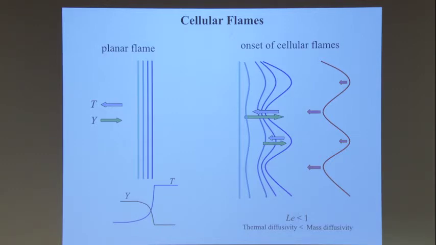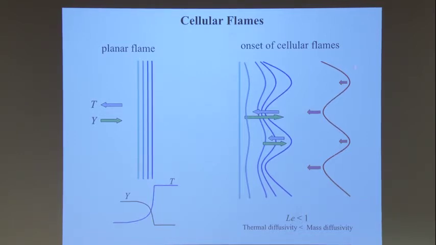It's very difficult to explain the pulsation because you have to talk about time scales and so on. It's not simple. But the idea is that here is a planar flame, so the isotherms are all parallel to each other.